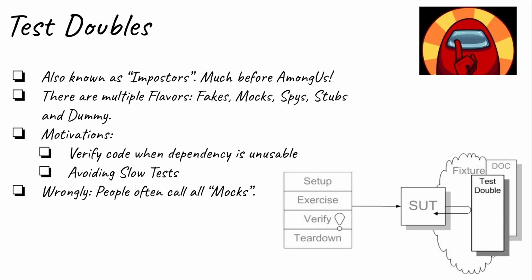You want to avoid these slow tests because we want short feedback cycles, right? So we want to get feedback as soon and as frequently as possible, as Agile says.